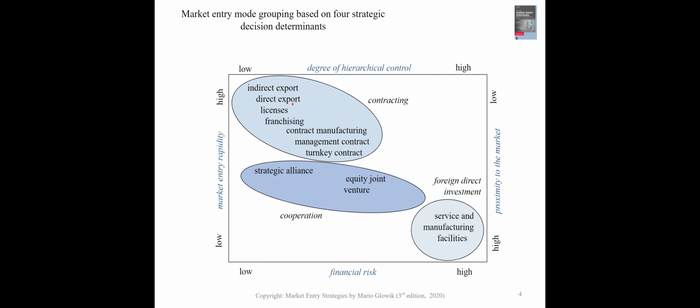cargo. While in comparison, when we run our own production plant in the foreign target country, that means we take the entrepreneurial risk. We have to recruit employees and train employees. We have to pay our bills.